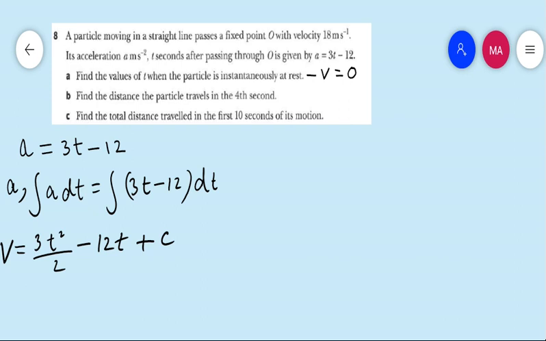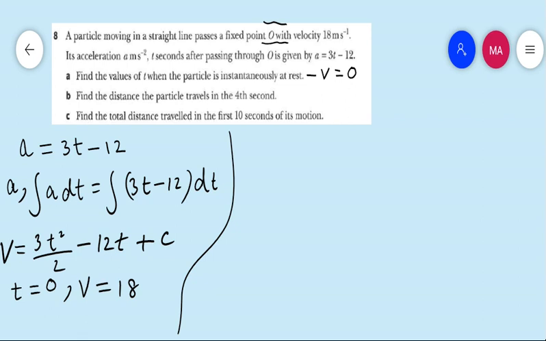Now according to the question, a particle moving in a straight line passes a fixed point O. It means at fixed point O, t is equal to 0. At t = 0, v is 18.